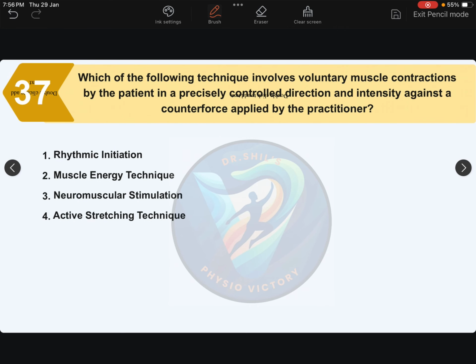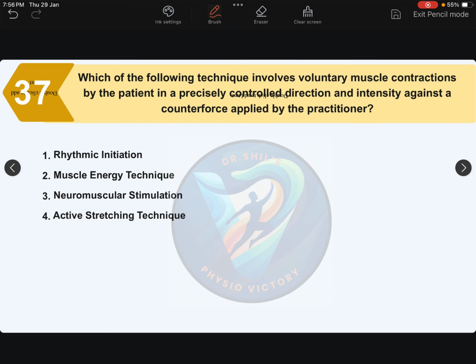Next, come to question number 37. Which of the following techniques involves voluntary muscle contractions by the patient in a precisely controlled direction and intensity against a counter force applied by the practitioner? Option 1, rhythmic initiation. Option 2, muscle energy technique. Option 3, neuromuscular stimulation.